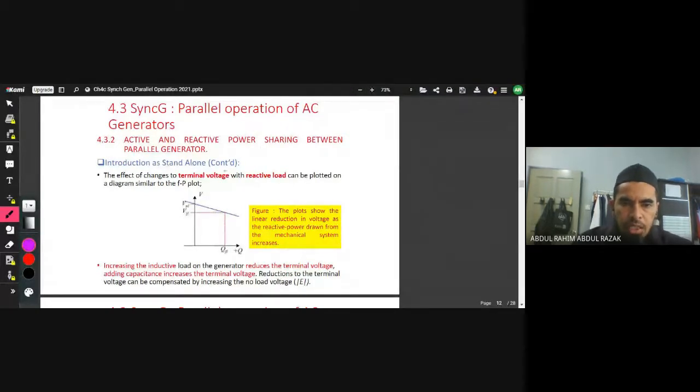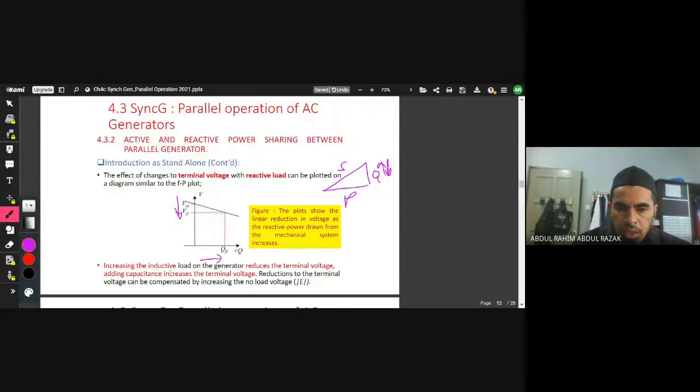Okay, the effect of a change in terminal voltage with a reactive load is that when we change the Q, we have P, Q, and we produce S. So when the load draws more Q, the V at the terminal will tend to decrease.